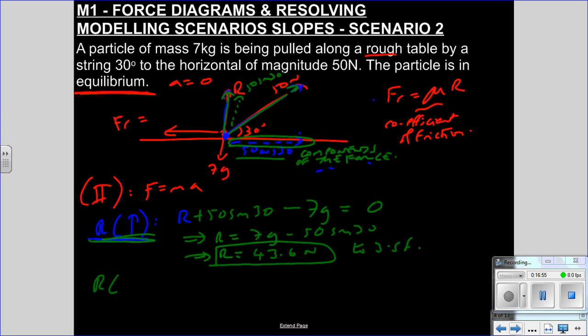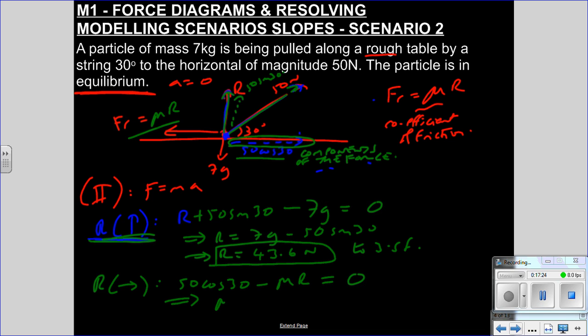And now we'll resolve to the right to try and find out what this mu is, right? So if the question was find the coefficient of friction, we can do that. So the force to the right is 50 cos 30, that's our component right there. And then we've got our minus mu R, which goes to the left, and there are no other forces, equals ma, which we know is 0 because it's in equilibrium.